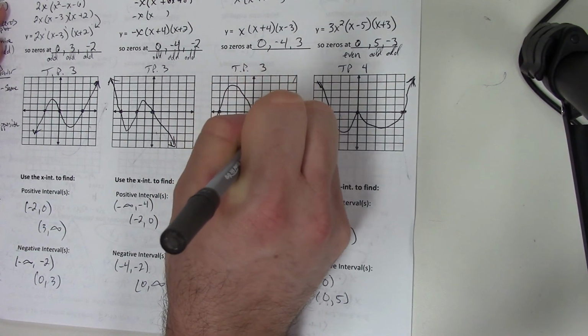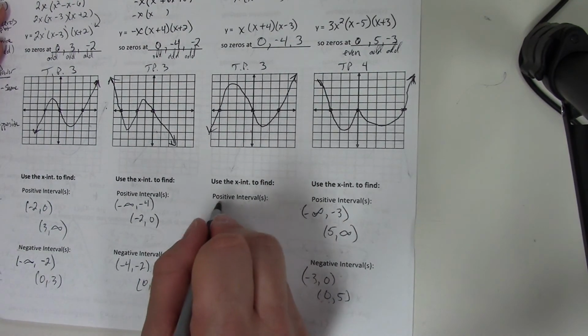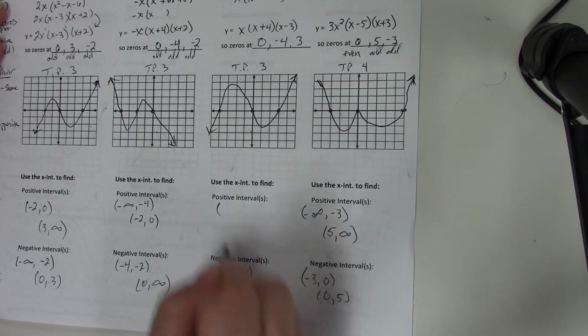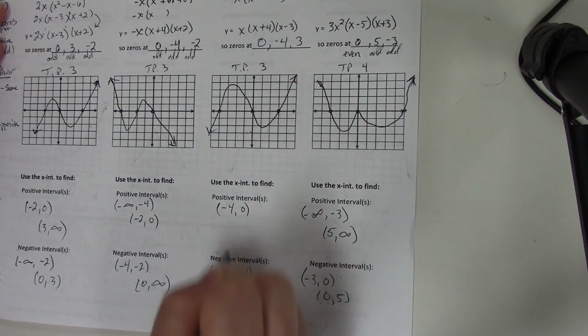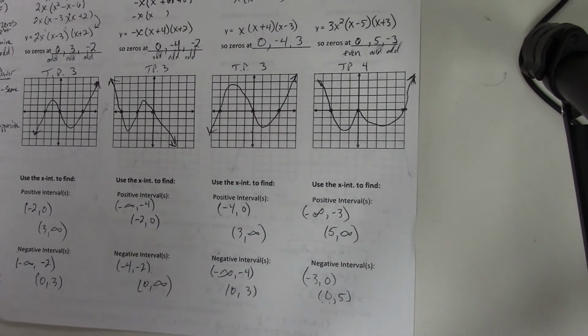Through, done. Again, start labeling my things here. Let's see, the first one is negative. And I'm all done.